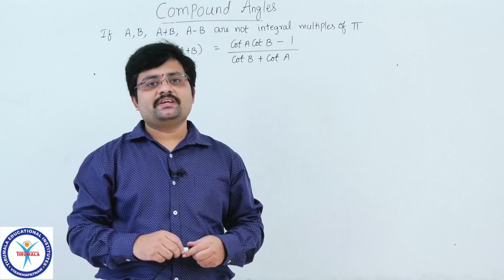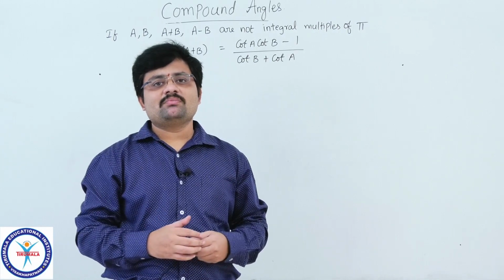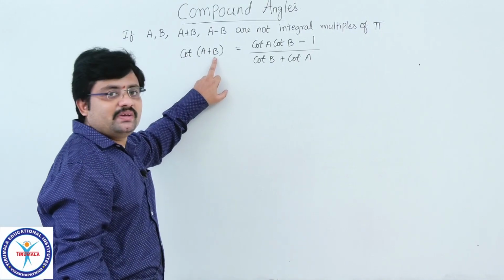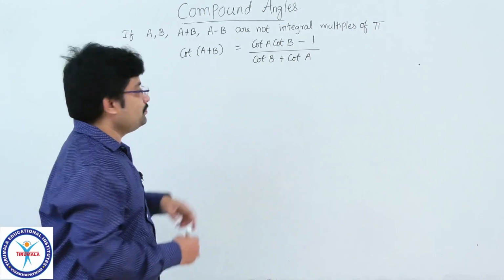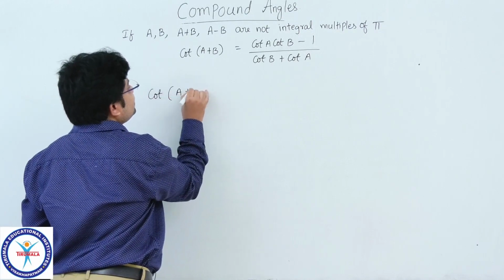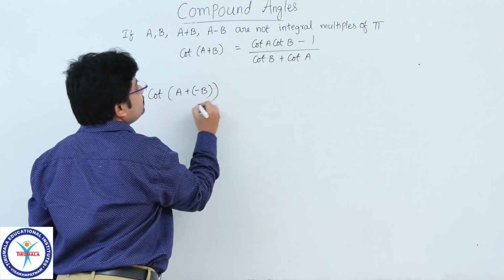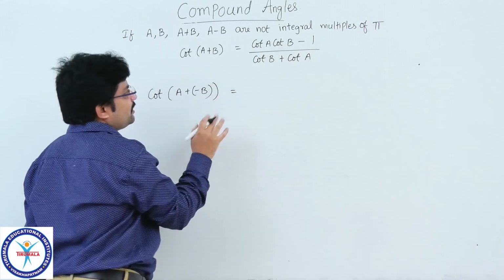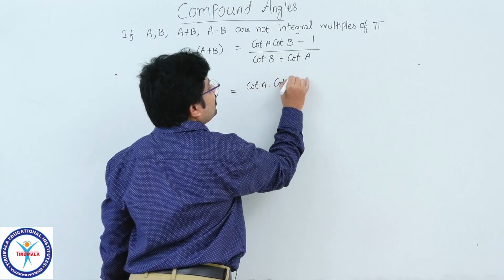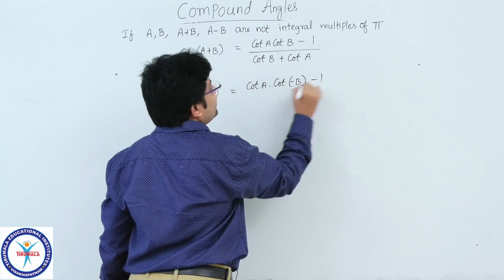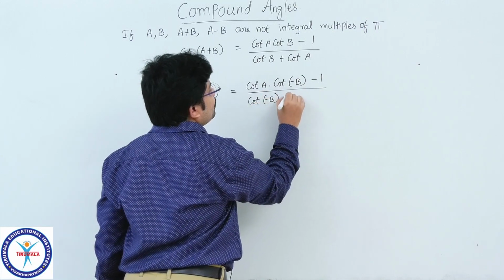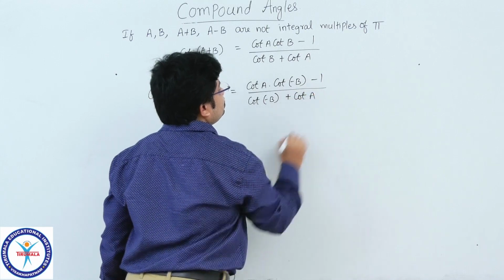Formula for cot(a+b). Now, let us derive the formula for cot(a-b). That means here in place of b I am replacing with minus b. So it can be written as cot of a plus of minus b: cot a cot of minus b minus 1 by cot of minus b plus cot a.